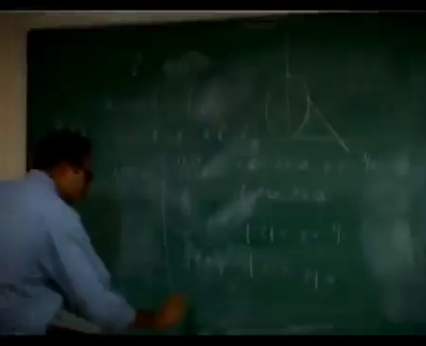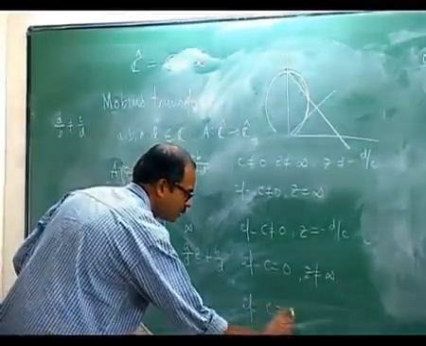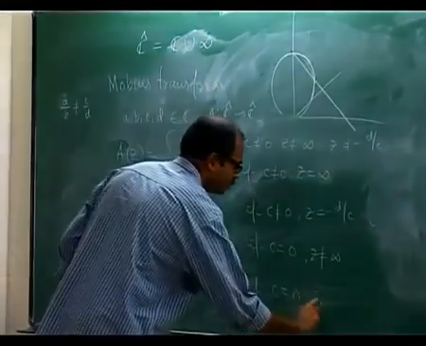So this is infinity, and A by D, if C is 0, B by D, if C is 0 and Z not equal to infinity, and again infinity, if C is 0, Z is infinity.